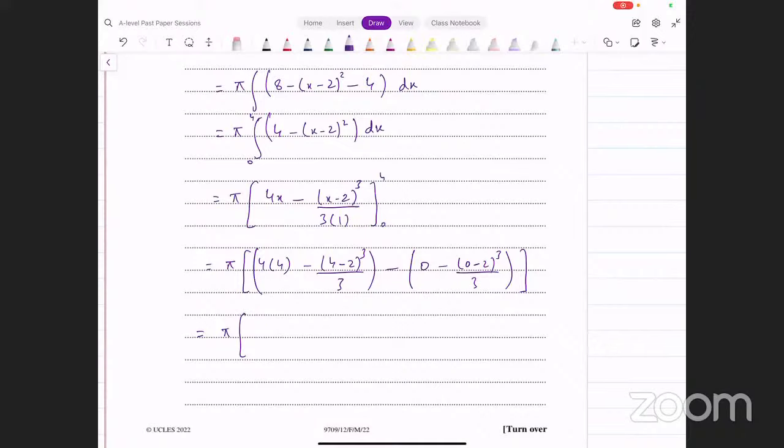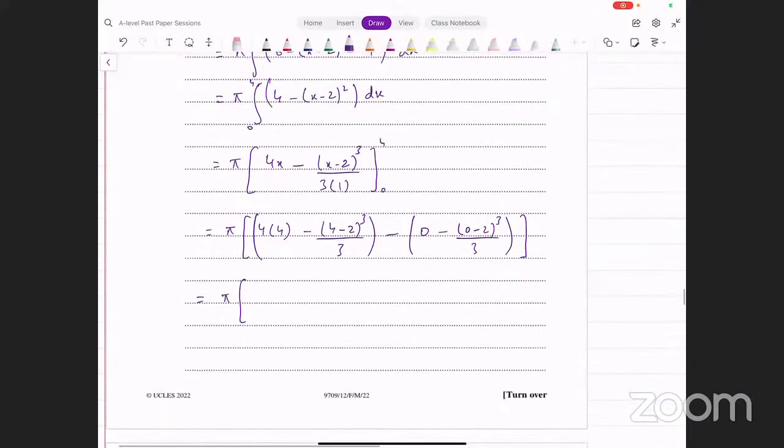16 minus 8 cube divided by 3, I'm getting 40 over 3 in the first bracket. In the second bracket, I have minus 2 ka whole cube. That's 8 over 3. That's going to be minus into minus 8 over 3.